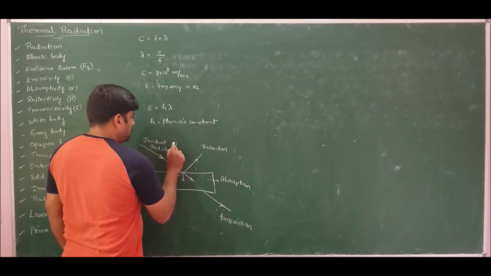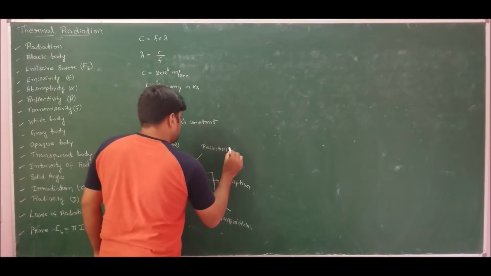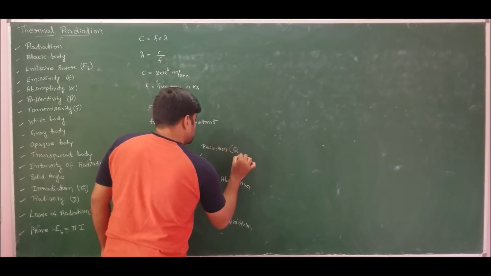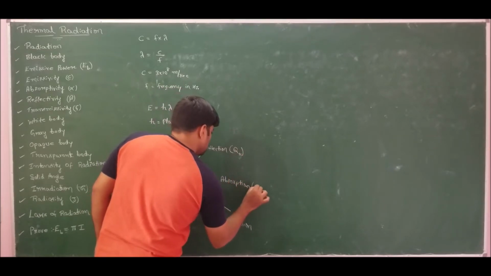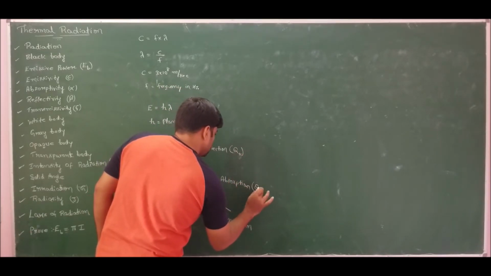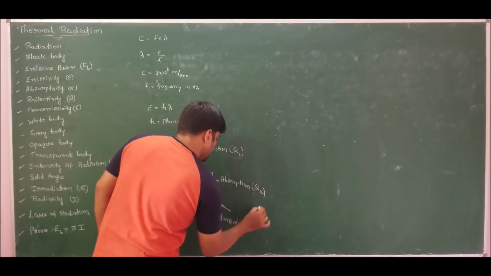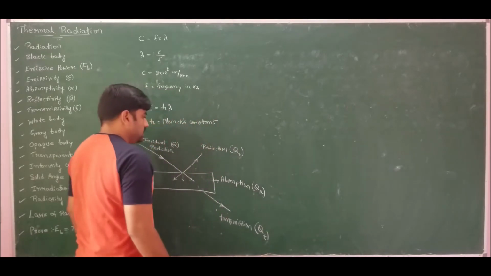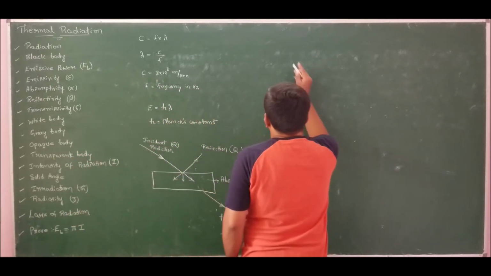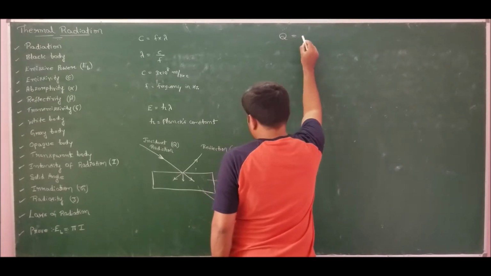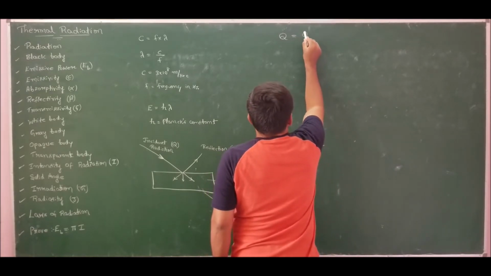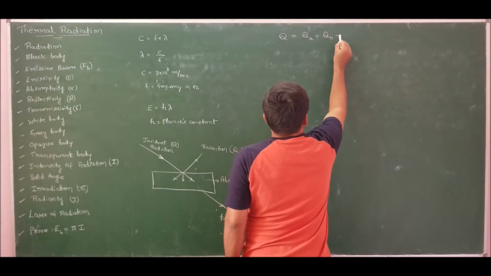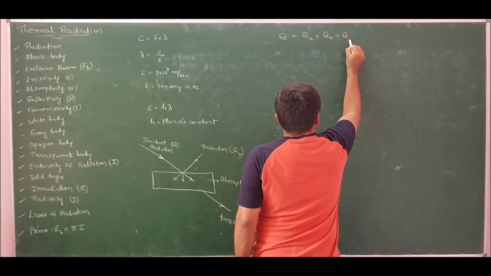So if the incident radiation is termed as Q, the amount of energy absorbed as QA, the amount of energy reflected as QR, and the amount of energy transmitted as QT, then the incident radiation Q should be equal to the amount of energy absorbed plus the amount of energy reflected plus the amount of energy transmitted.